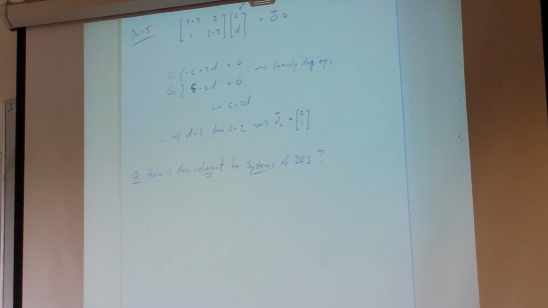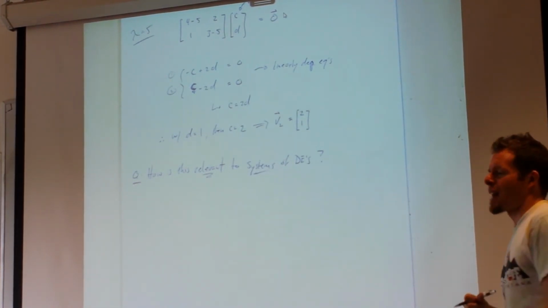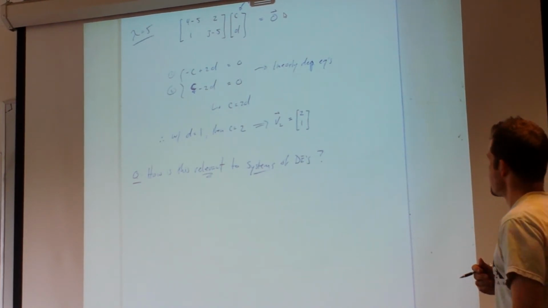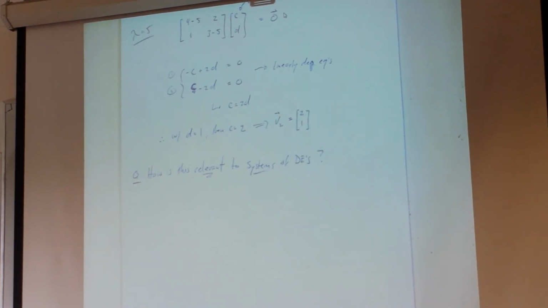So if you look at 5.2, it's entitled the eigenvalue method of solving a system of differential equations. Okay, and we're going to start simple with constant coefficients in these systems.